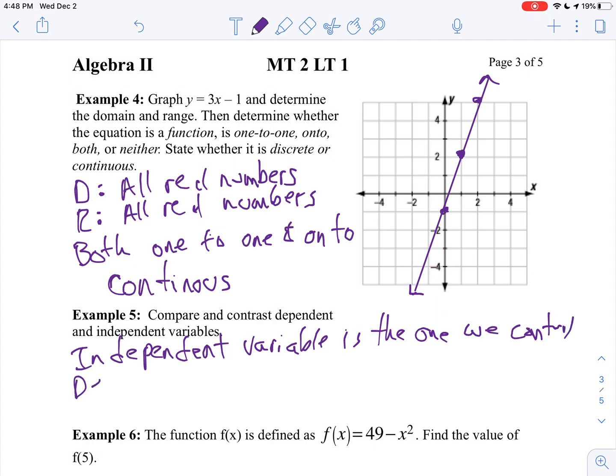Whereas dependent, it depends. I hate to use the same word in a definition, but it depends on the value of the independent variable.